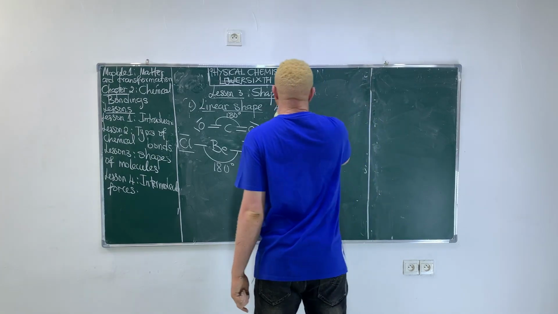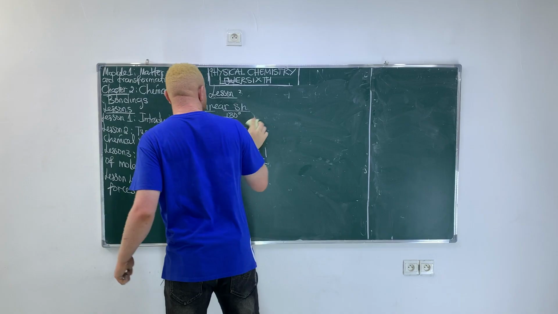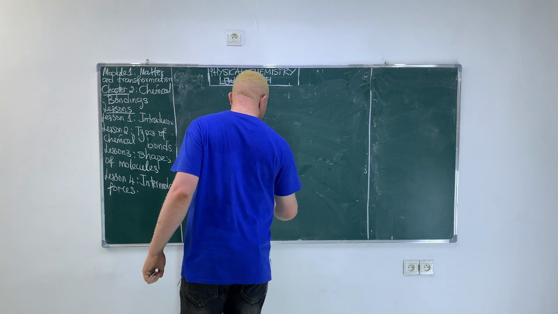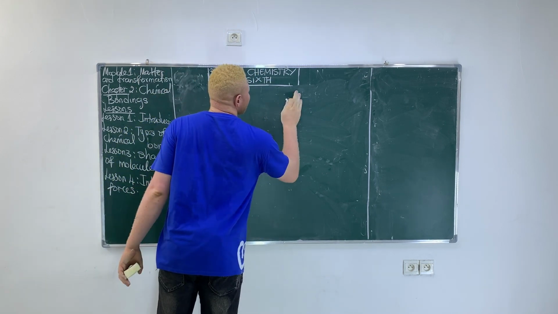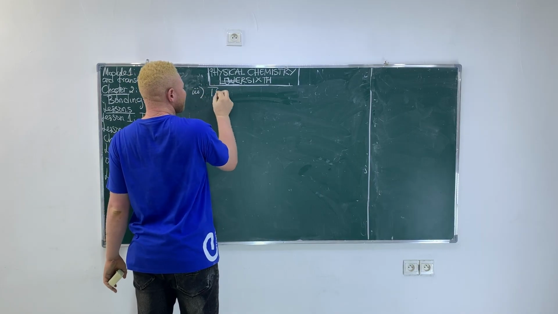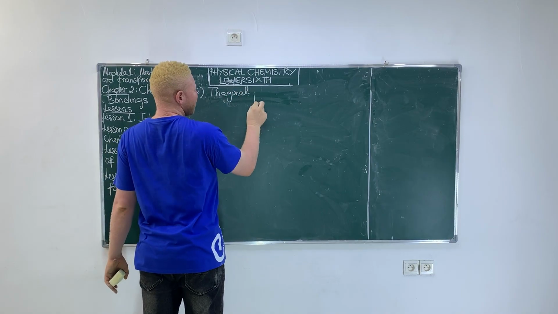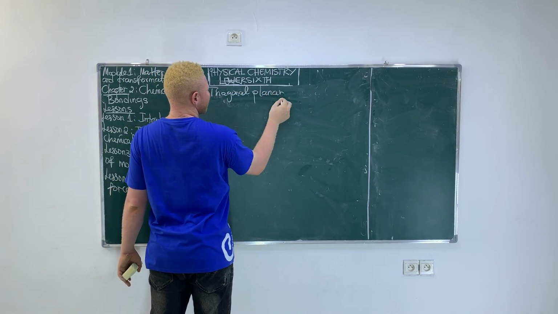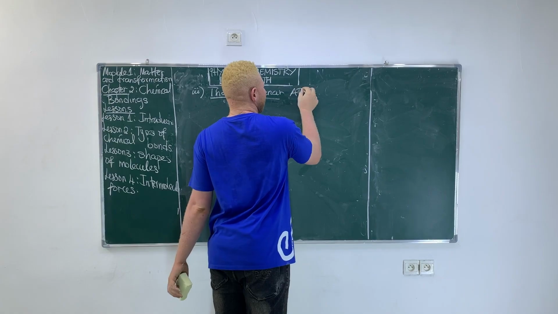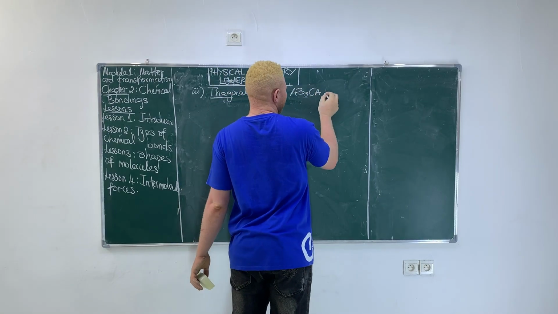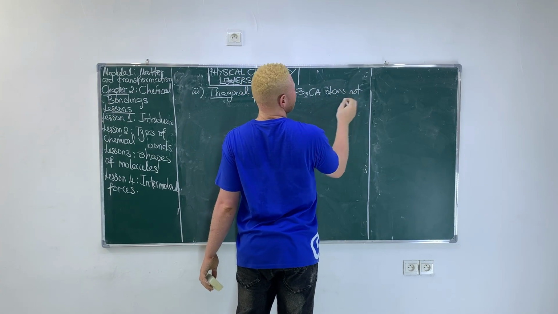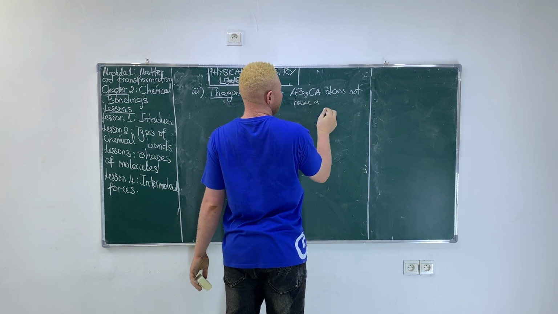Trigonal planar, Roman 3. For trigonal planar, the molecule should be of the form AB3, such that A does not have a lone pair.